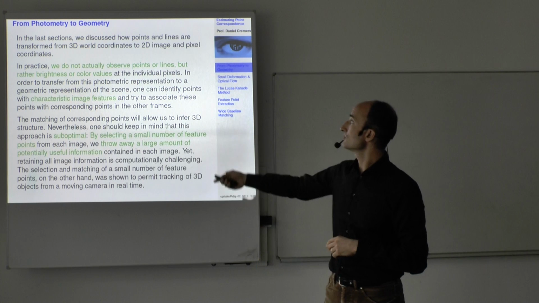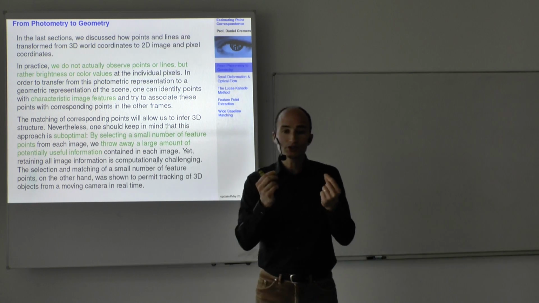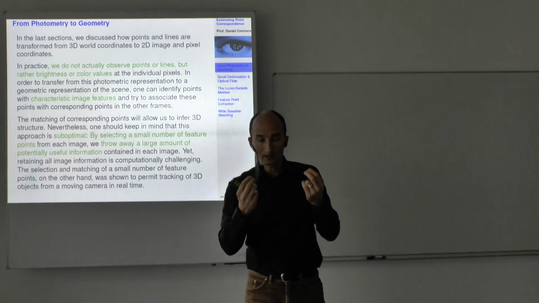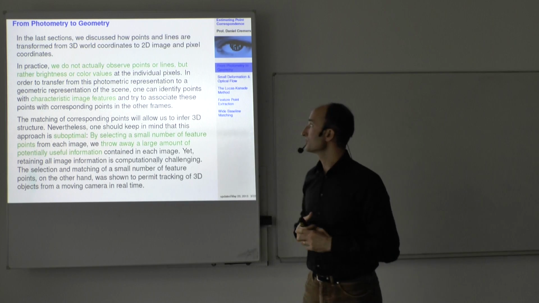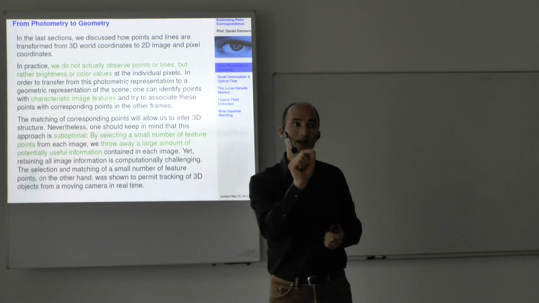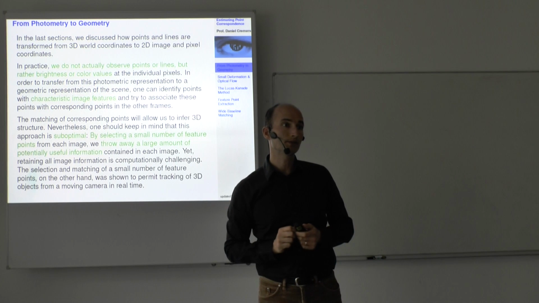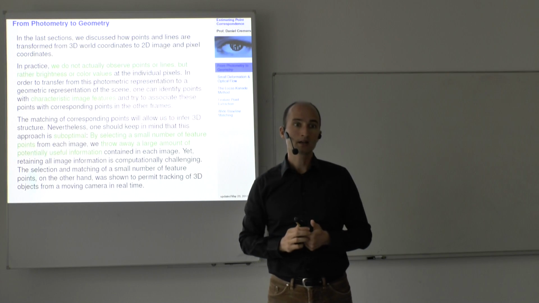You identify points in the image that are associated with some characteristic image structure, that are in some sense unique compared to the rest of the image, so that you're actually able to identify the same point if you see it in a new image. Typically something like a corner or something that is characteristic.